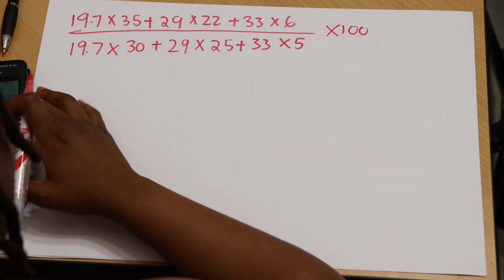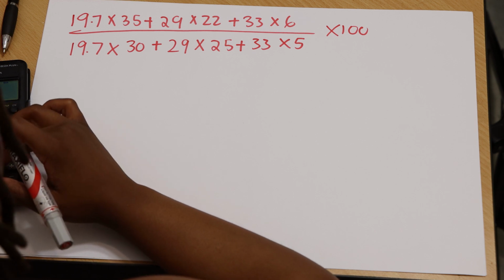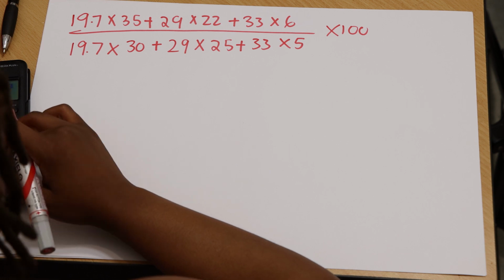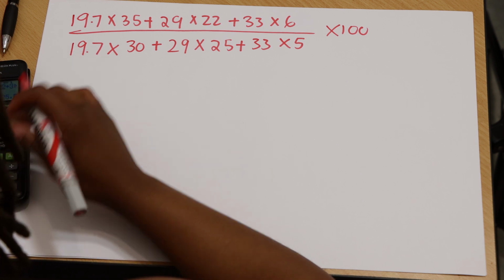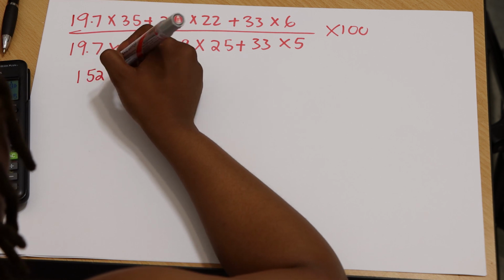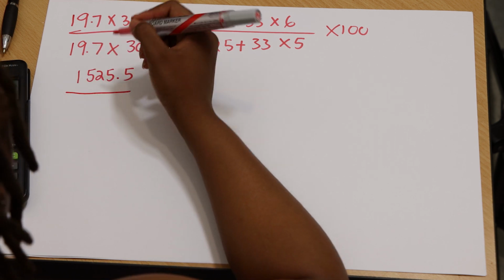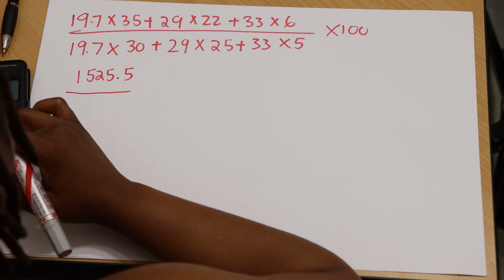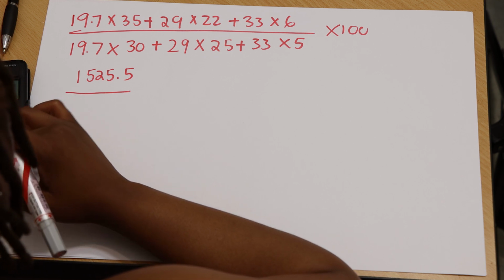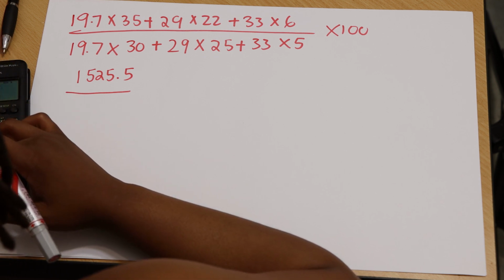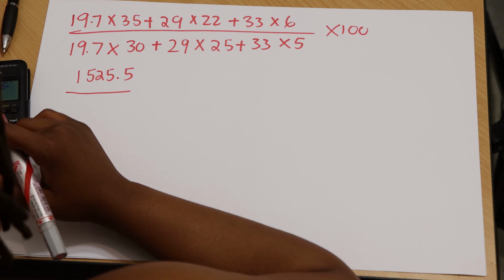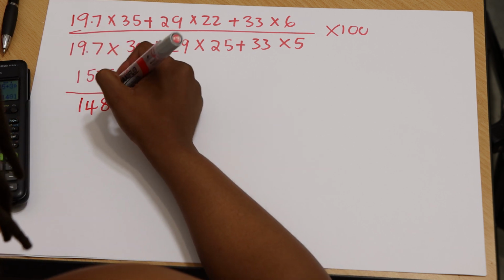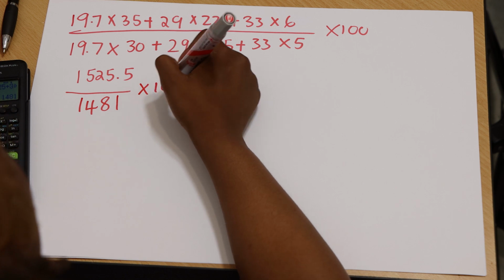So simplifying this would give 19.7 times 35 plus... okay, this is 1525.5 divided by 1,481, multiplied by 100.